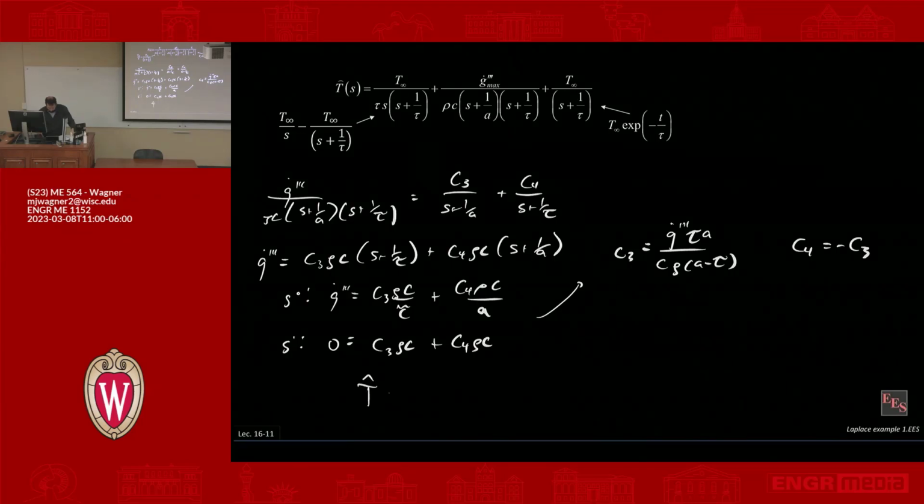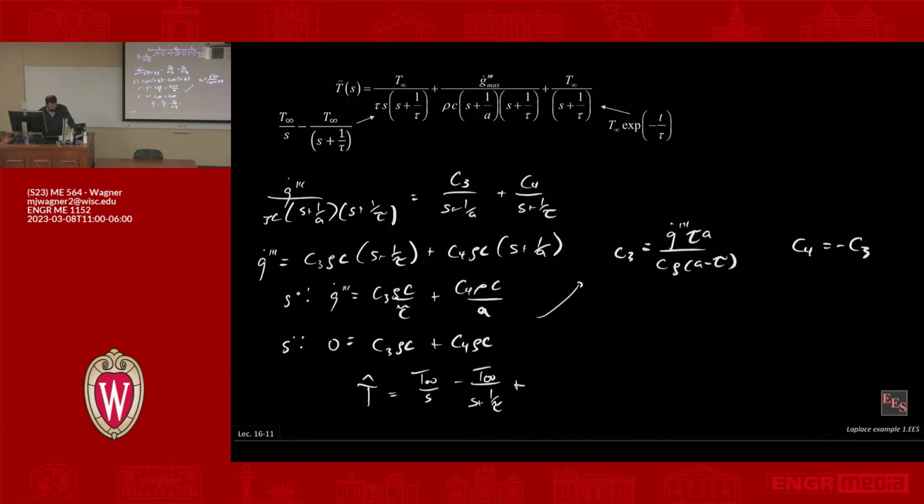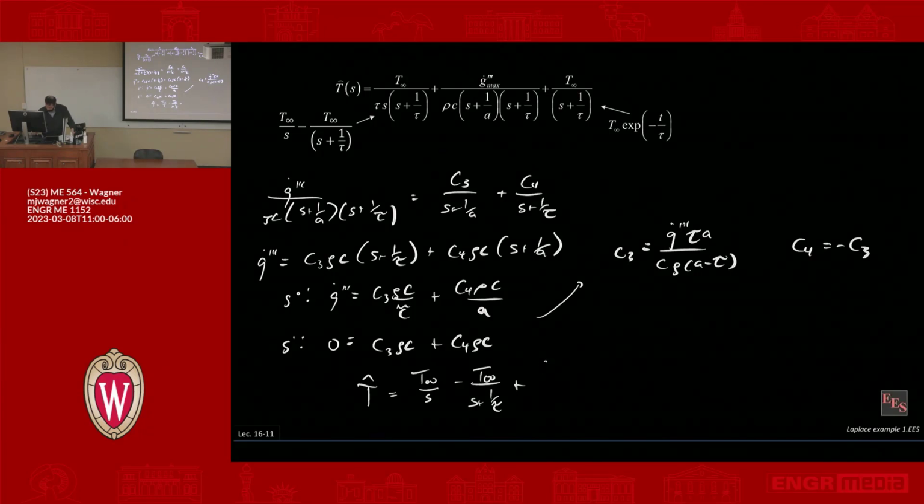So T hat, now bringing everything together, would be t infinity over s minus t infinity over s plus 1 over tau, plus, I'm not going to write it out, C3, right? It's that group that we just solved for. C3 over s plus 1 over a plus C4 over s plus 1 over tau, plus the last term was t infinity over s plus 1 over tau.